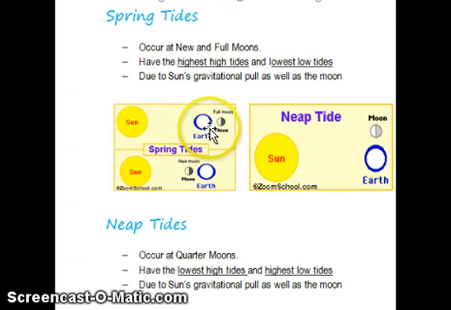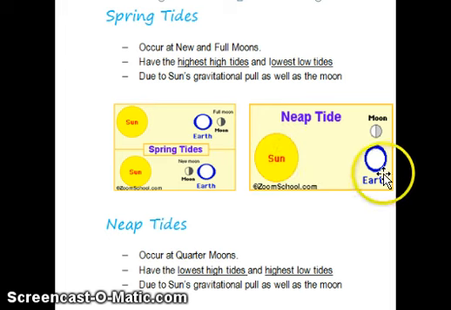This makes sense because not only is the moon pulling now, but also the sun is pulling. So that high tide is going to be the highest, and if you have a high tide, then you're going to have less water for your low tide, so you're going to have your lowest low tide. And again, this is because everything is in line, so the sun is pulling as well as the moon.